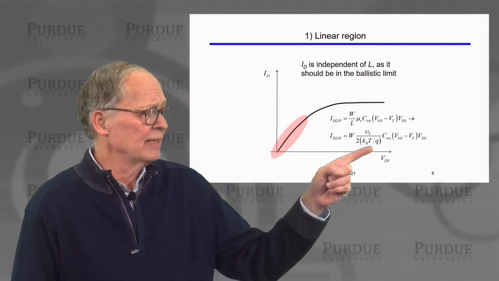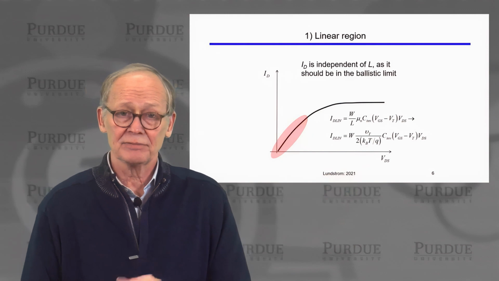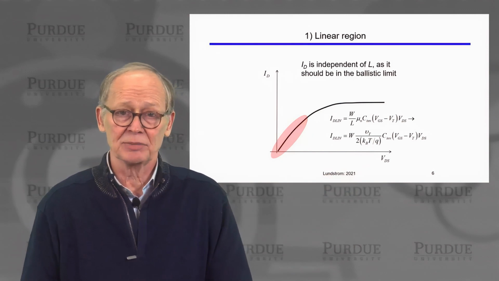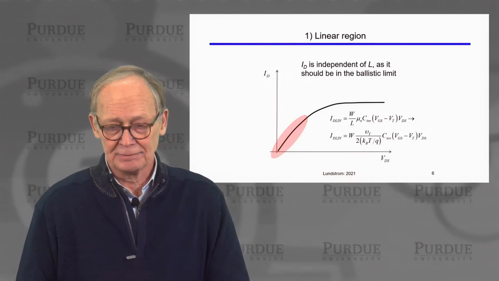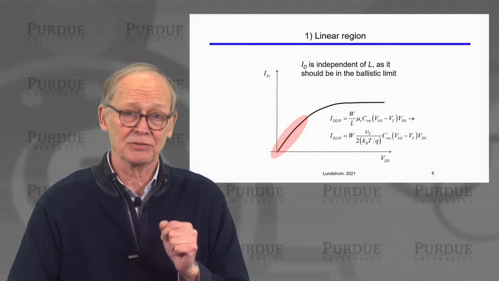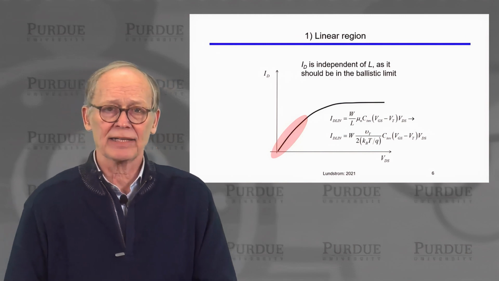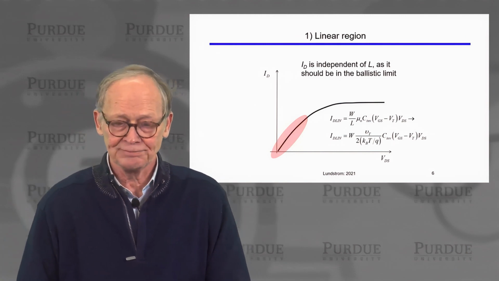Now you'll notice that in the ballistic device, it's independent of channel length. You would expect it to be independent of channel length because the longer the channel is, it doesn't make any difference. An electron that comes in from the source is going to go out the drain. There is no scattering, so the channel length plays no role.